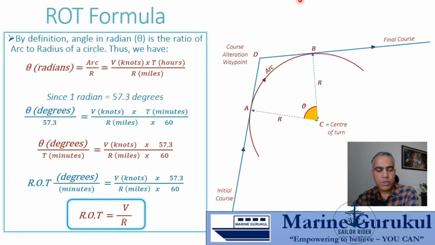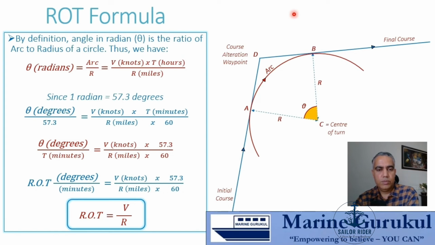For example, on a particular ship, the rudder angle which may be available to the navigator could be 10 degrees or 15 degrees or 20 degrees in open sea. So the maximum amount of rate of turn which we can achieve is limited in a particular ship.